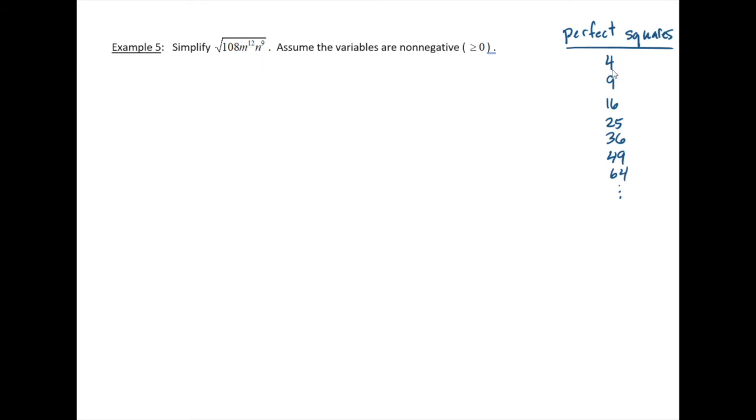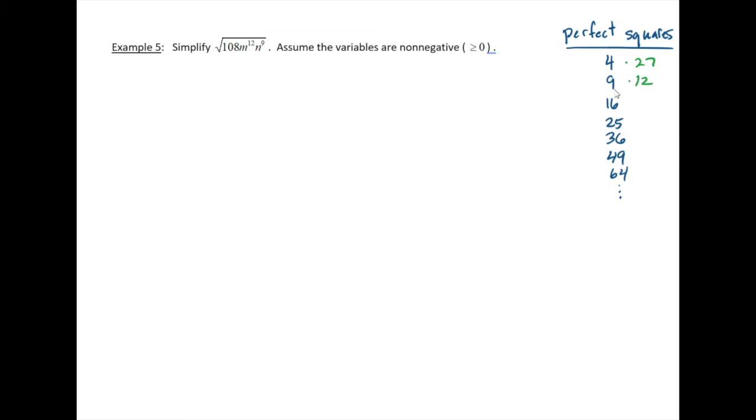108 divided by 4 is equal to 27, or 108 is equal to 4 times 27, so 4 is a factor. But let's see if we can find any larger factors. 108 divided by 9 is equal to 12.